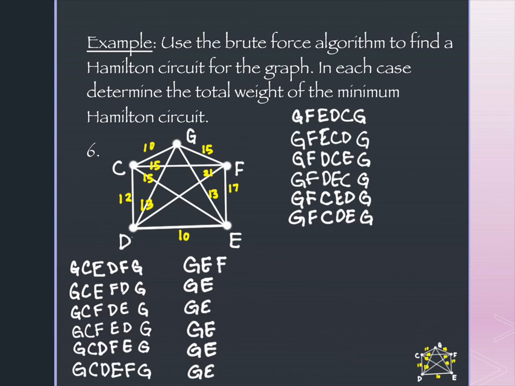F. Okay, there's 2 that are going to start out F. And there's 2 that are going to start out D. And there's 2 that are going to start out C. You like how I'm shortcutting this? You can do that, right? After the F, I can have DCG, or I can have CDG. After the D, I can have FCG, or CFG. And after the C, I can have FDG or DFG.